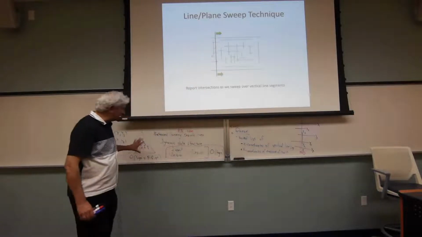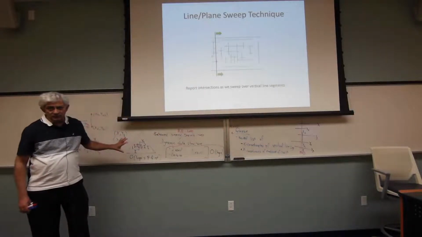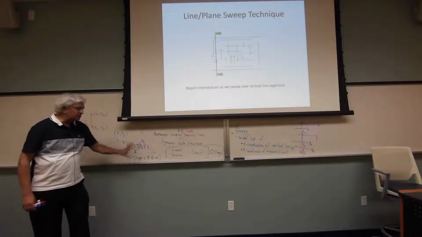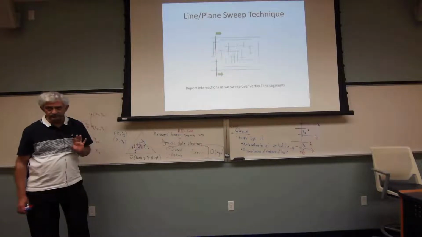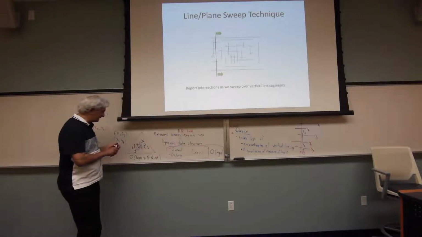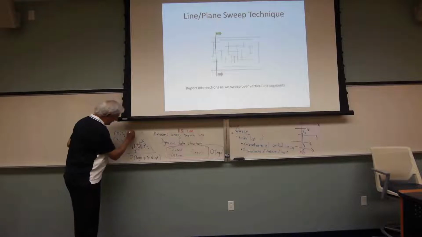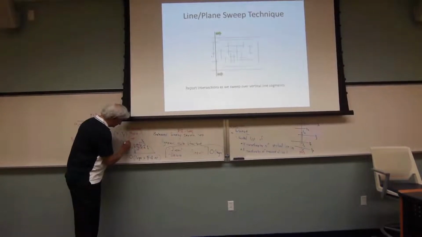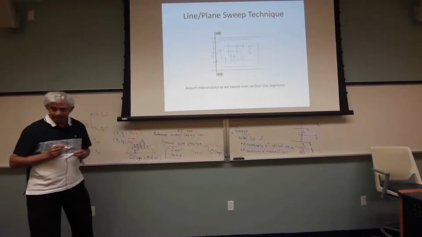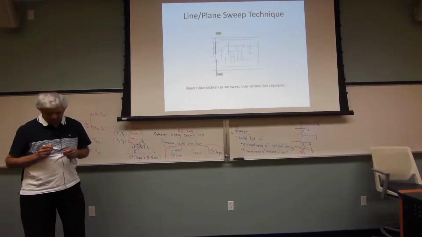Then we are going to maintain a second data structure that contains the active horizontal line segments and their y coordinates. So let me write that here. This is going to be active horizontal line segments. All right.